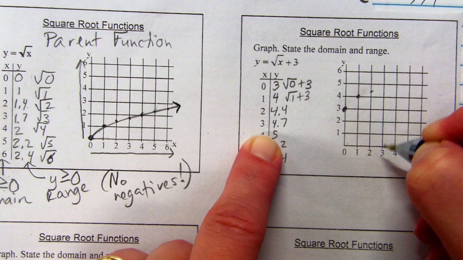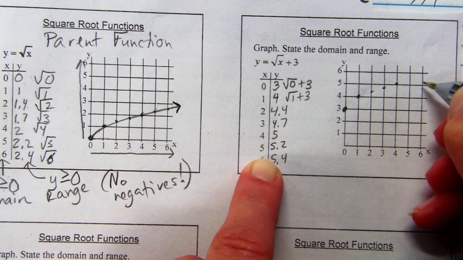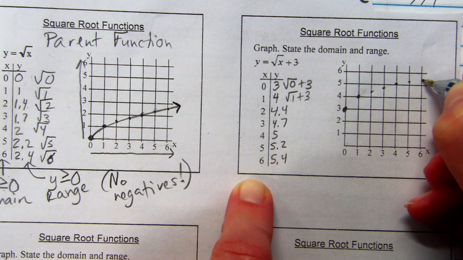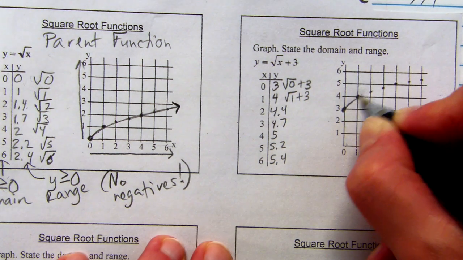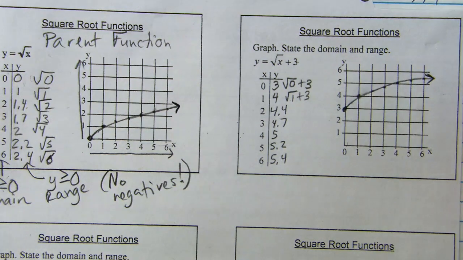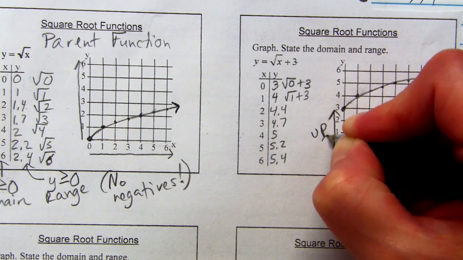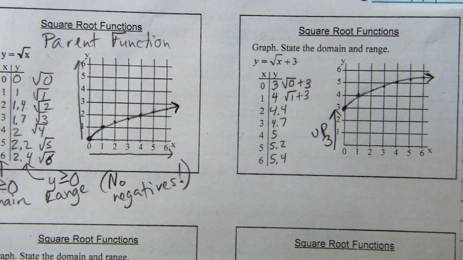So I'm going to start at (0, 3), (1, 4), (2, 4.4), (3, 4.7), (4, 5), (5, 5.2), 5.4. So it's going to have exactly the same shape. All we did was shift everything up 3 units.